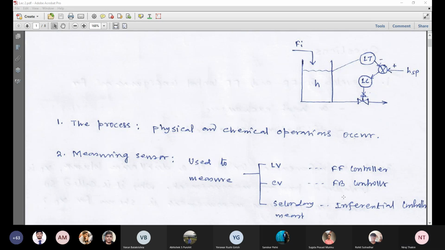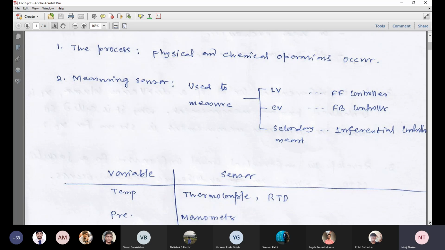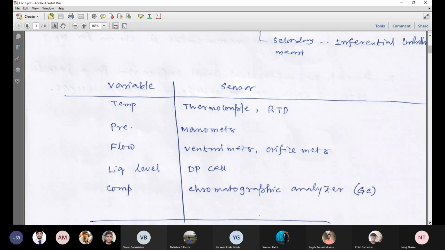Fine. Next, let us detail these sensors. This is a detail about variable and the sensor used for measuring the respective variable. Just few are listed here.